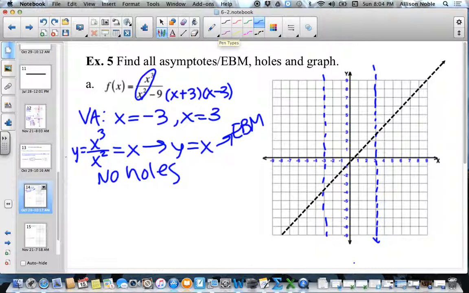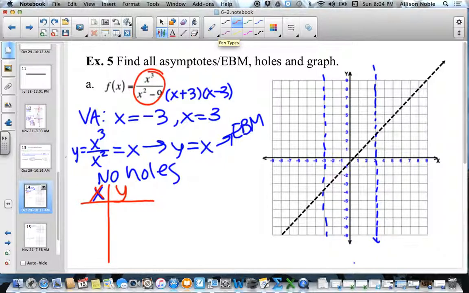And from here, we have three different sections of our graph: less than negative 3, in between negative 3 and positive 3, and to the right of 3. So I'm going to test points in all of those to figure out what my graph looks like. It's kind of a weird graph, but if I make an XY table and plug in points into my original function to see what the y values are.